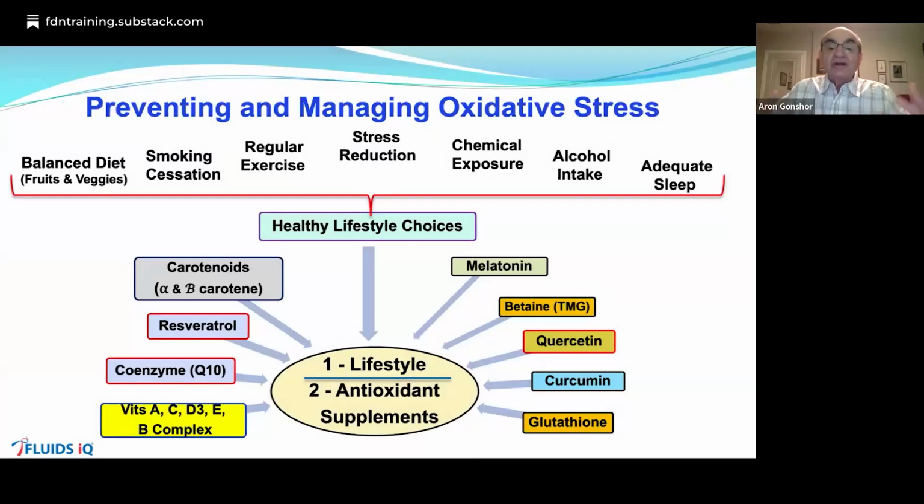And how do you deal with this? Well, just remember healthy lifestyles, balanced diet, smoking cessation. I don't even have to go through all of this. It's pretty obvious.